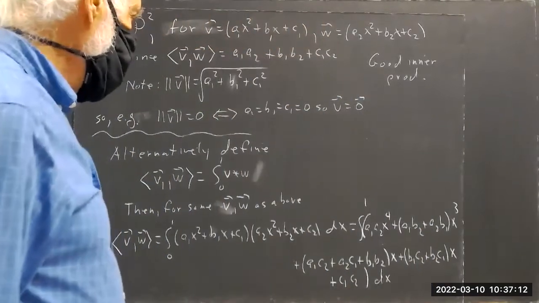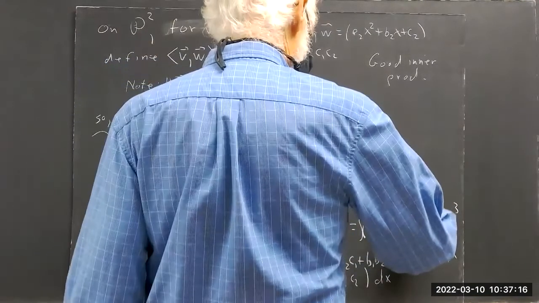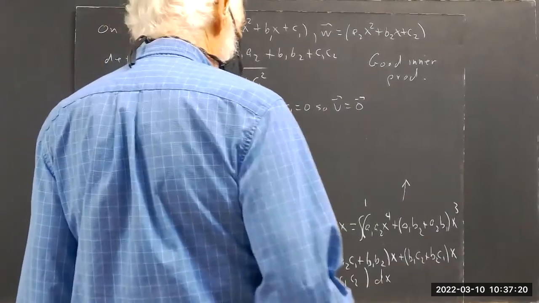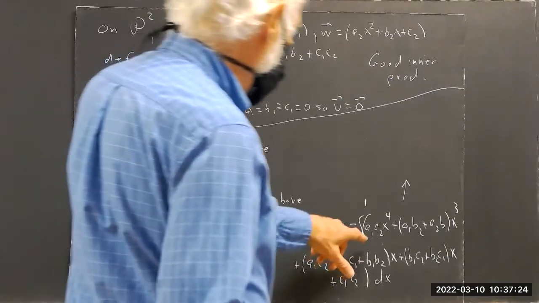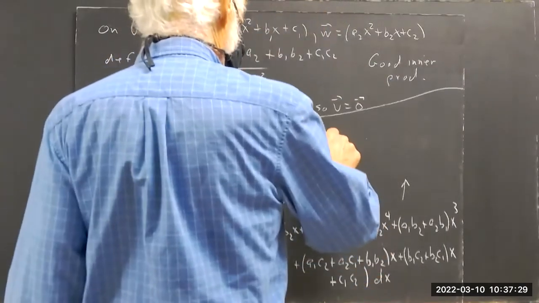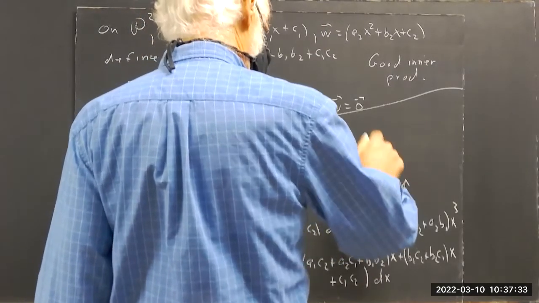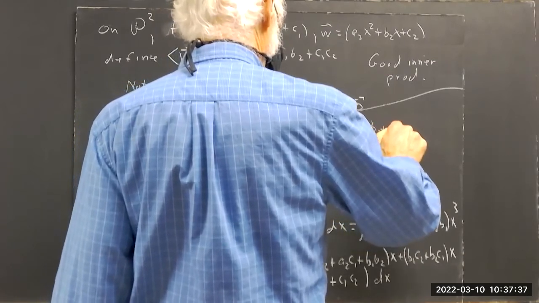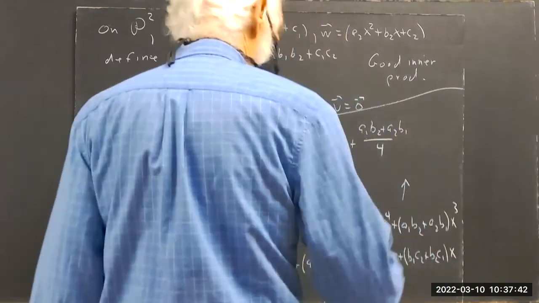Integrating that with respect to x, well, what do I get? I get, as I have here, A1, A2 times 1/5, and this times 1/4.